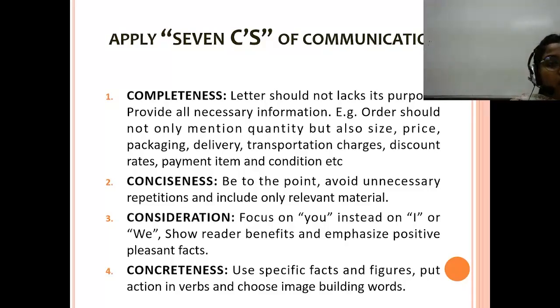Always keep them in mind while writing any letter to make the communication more acceptable to the receiver. It is necessary to design the communication in terms of language, style of writing, layout, etc., which will appeal to the receiver.